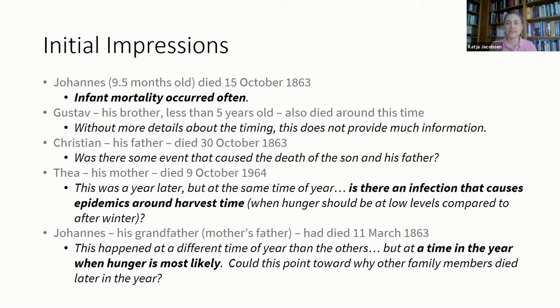If they're farmers, they're just bringing in a crop. So this would be the time of year when they would typically be least susceptible unless there's a famine going on. And the grandfather dying in March of 1863, March is a time where hunger would be at its highest level. So it could be that this family was chronically malnourished, but there's just a lot of uncertainty.